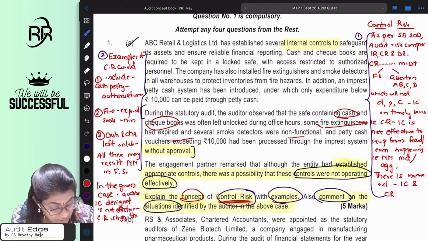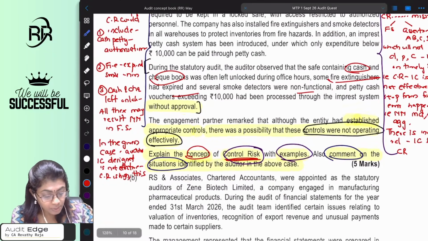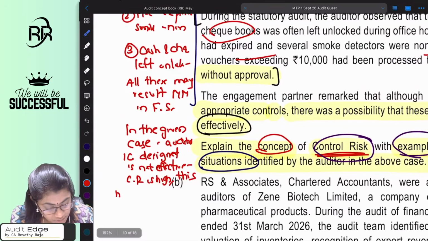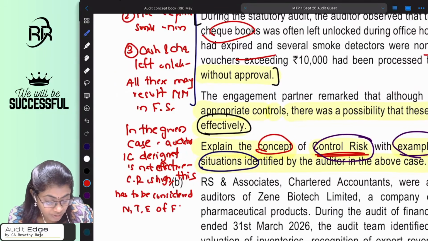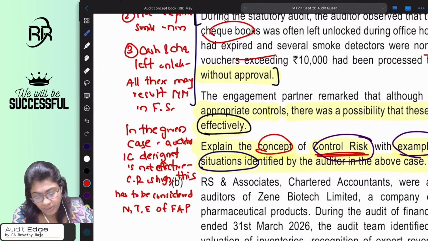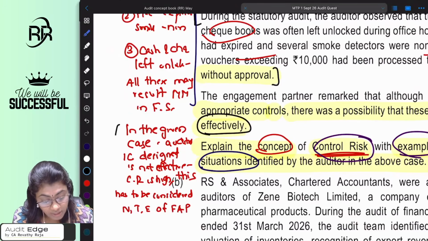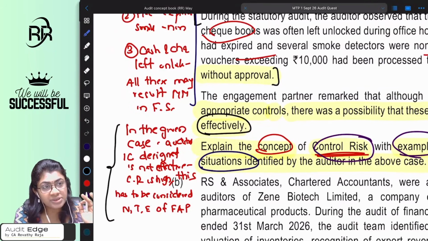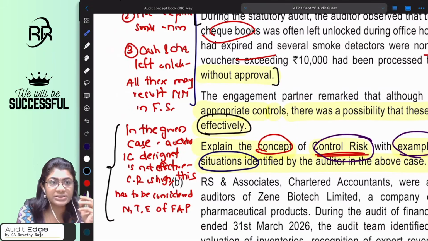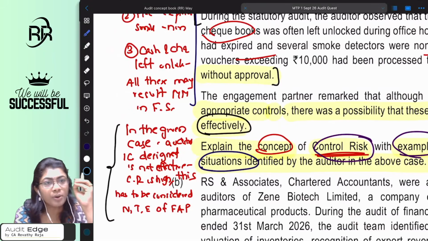This control risk has to be considered in designing nature, timing, and extent of further audit procedures. So that part you have to write.